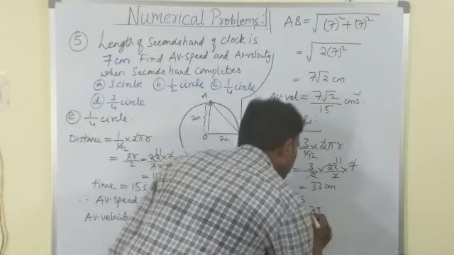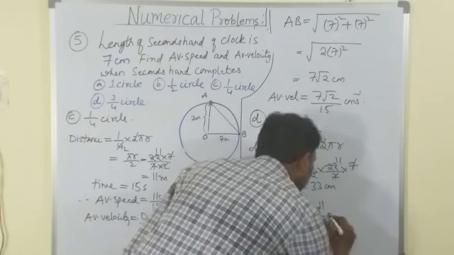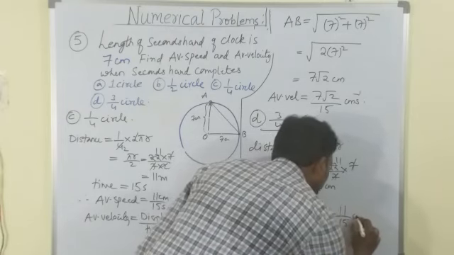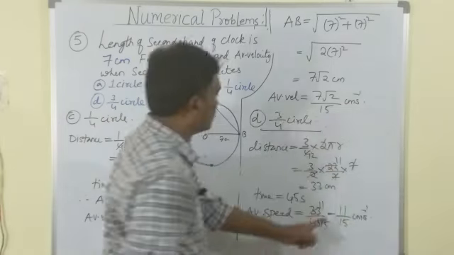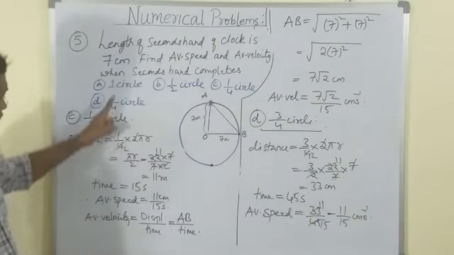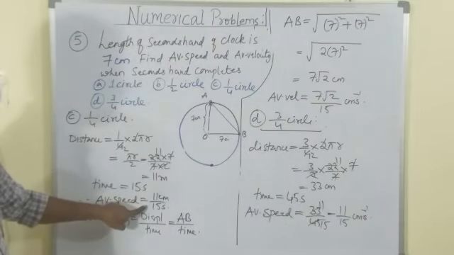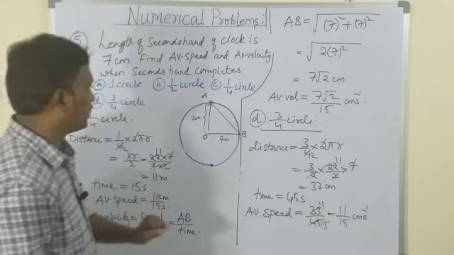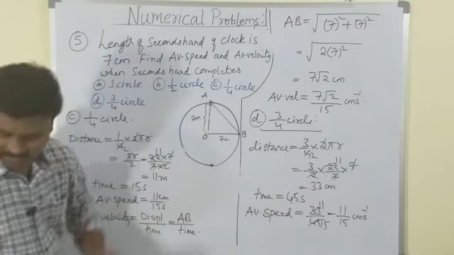Okay, 3 11s are 33, 3 15s are 45. So you are getting 11 by 15 centimeter per second. Here also you got 11 by 15 centimeter per second. And finally let us see the displacement.